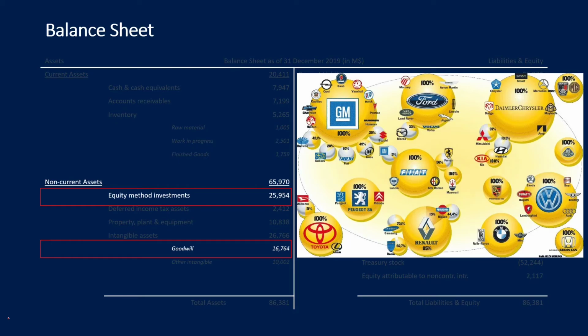In larger companies, we also see some items that come with group accounting. So for example, we have Volkswagen, and Volkswagen has some interest in other companies like daughter companies or just some interest. Just like in Bugatti and Lamborghini and Audi and so on and so forth.